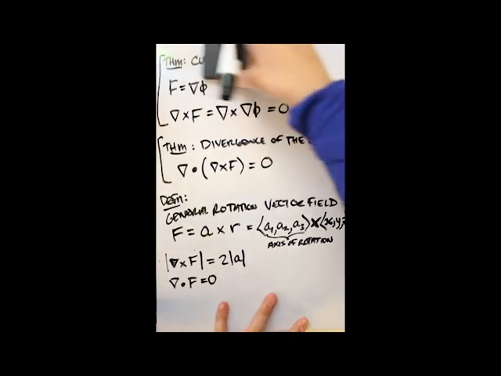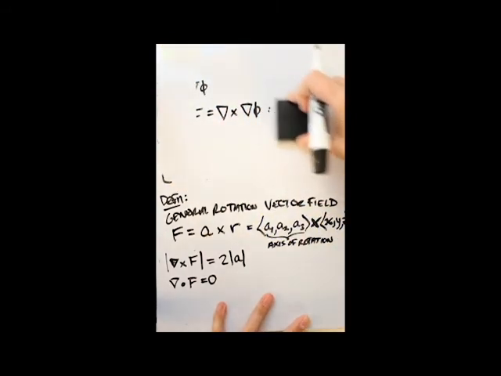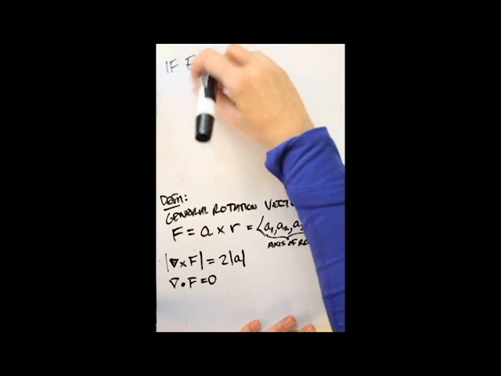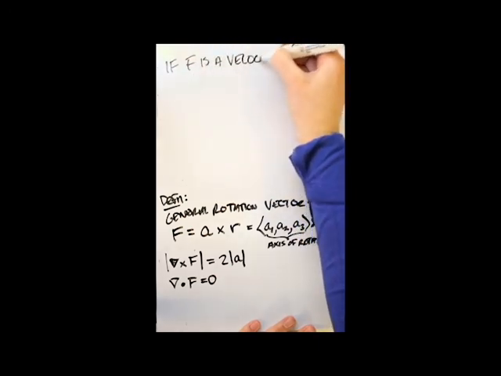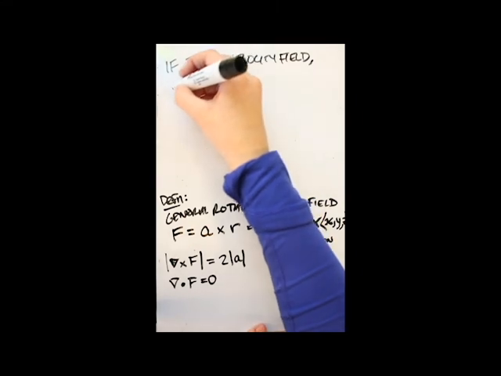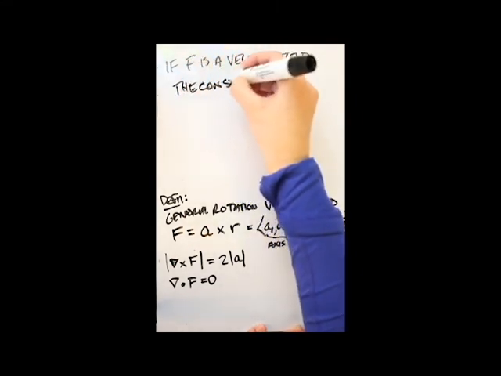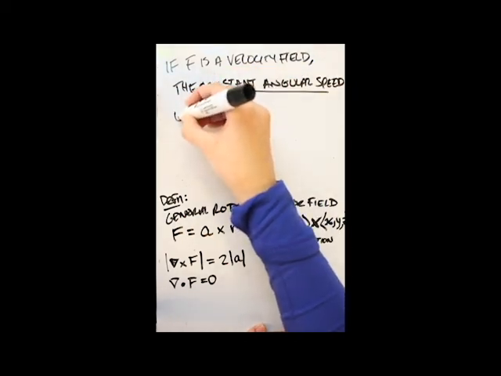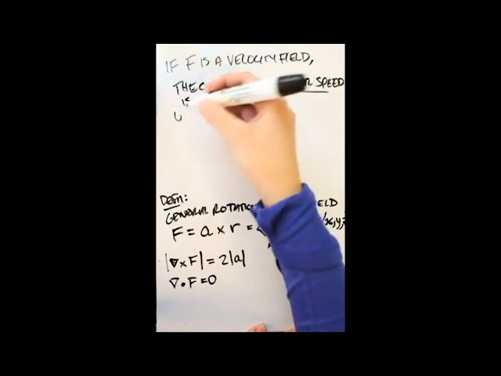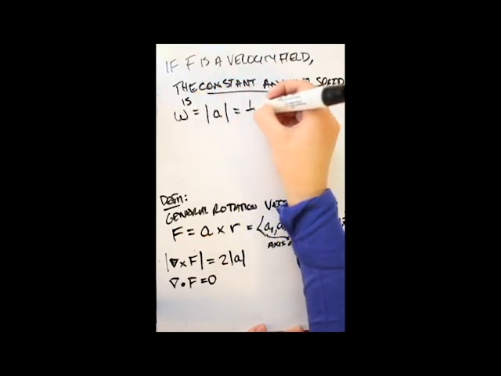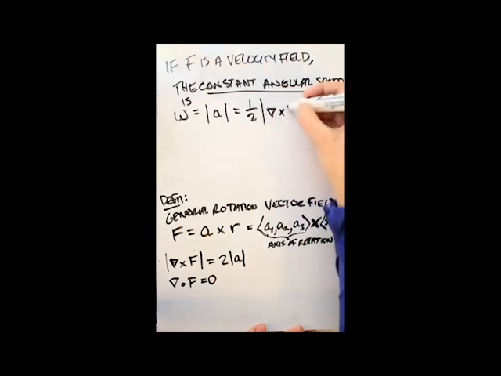The last thing to mention is that if F is a velocity field, then the constant angular speed, denoted omega, is given by the following formula: omega is the magnitude of A, which is 1/2 of the magnitude of the curl.